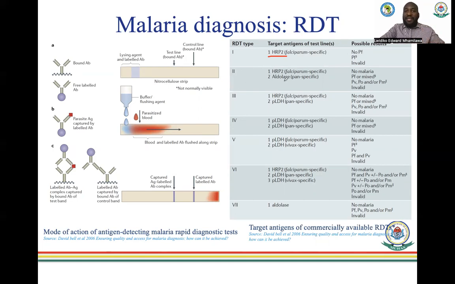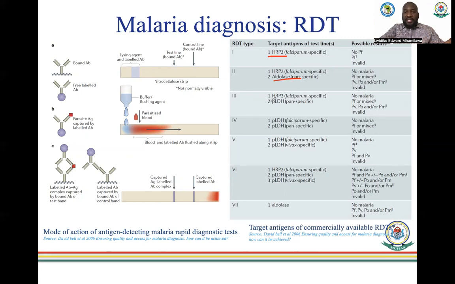Then there's another type that has histidine-rich protein and also aldolase, which is pan-specific. This one can tell you that there is no malaria if everything comes out negative, or it can tell you there is Plasmodium falciparum or mixed infection, or it can tell you there's Plasmodium vivax, ovale or malariae without Plasmodium falciparum, or that it is invalid.